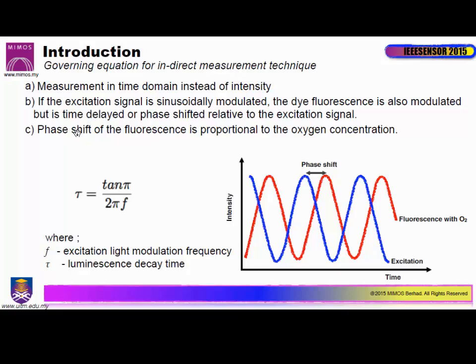As we increase the oxygen concentration, we will witness a reduction in the phase difference. This is a very important technique, because in the development of a sensor, the issues of cost and also miniaturization of the system always play an important role. So the other group is looking into this aspect, and we are looking into the research aspect.